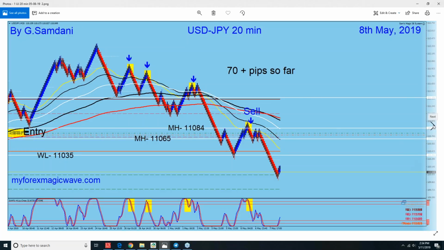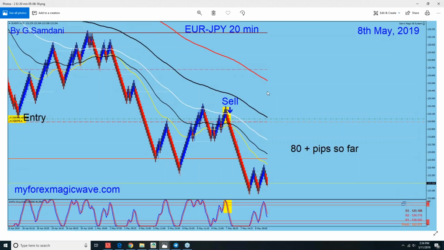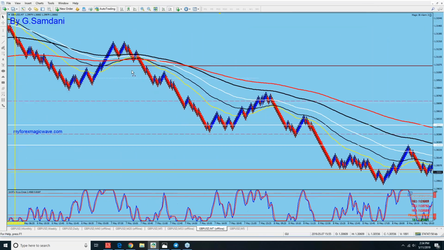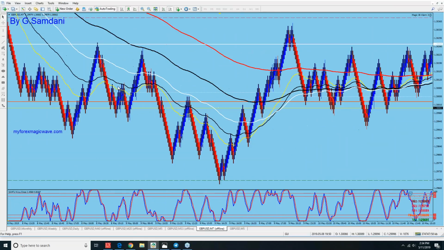The other trade is 80 pips. Even if you're trading with one standard lot, that's more than $1,500. So don't worry about the fee, you're going to get it back anyway. But the idea is to learn and understand the market and be able to do it without me or anybody else for the rest of your life.